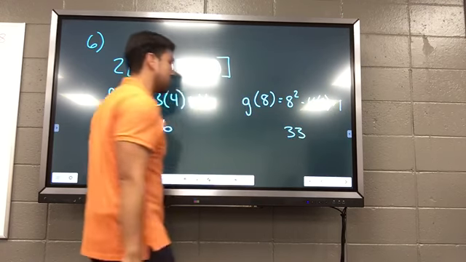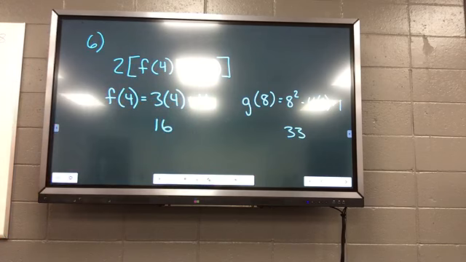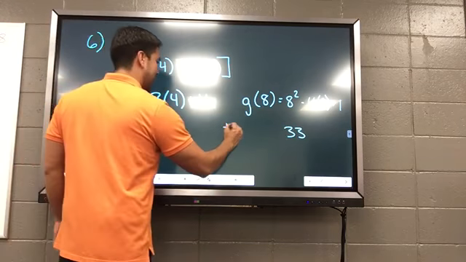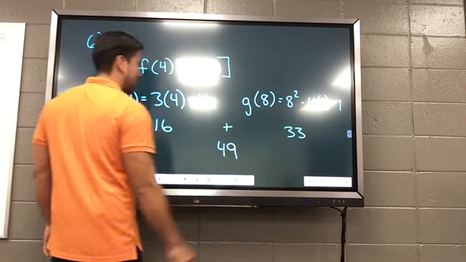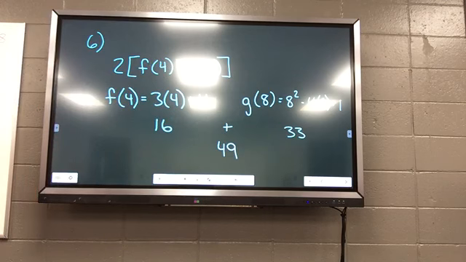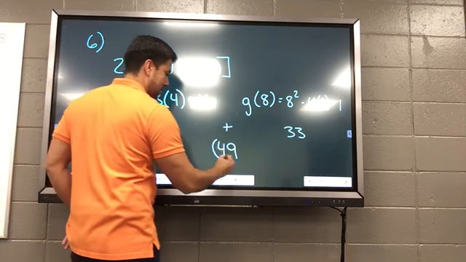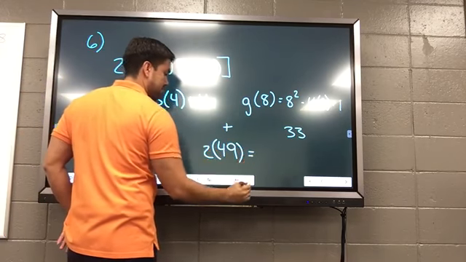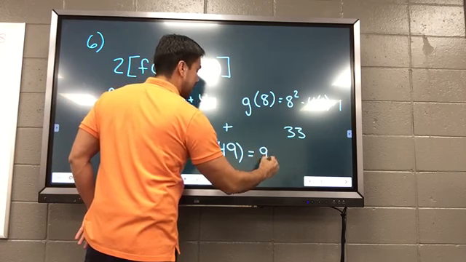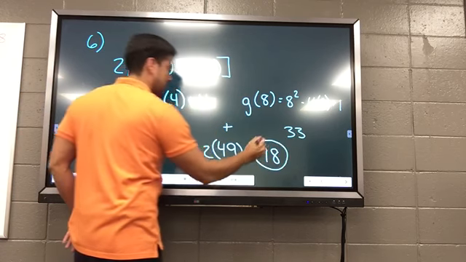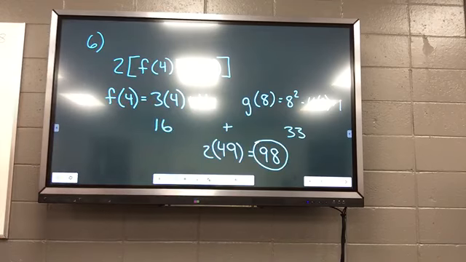So thankfully that works. What do you do with that 16 and 33? Add them together. Great. I get 49. But what do I do with that 49? Multiply by that 2 and I get 98. Positive 98.